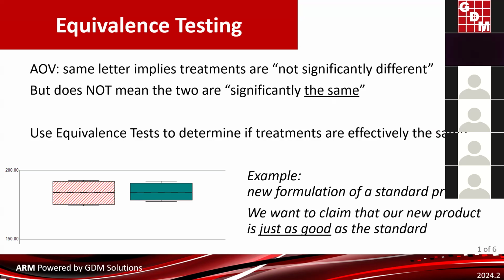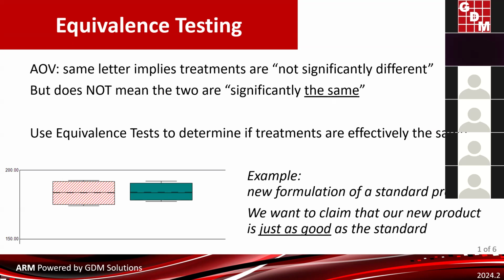So a common example where you may want to use this, perhaps your company has a new formulation of some standard product. Maybe you're looking to make a generic that you want to be able to claim is just as good as the product already out there in the market. It performs just the same.